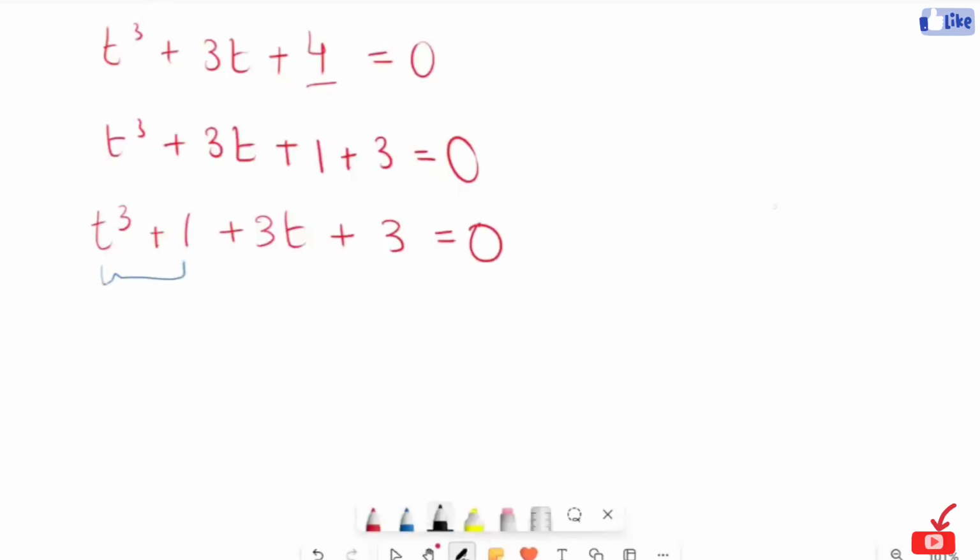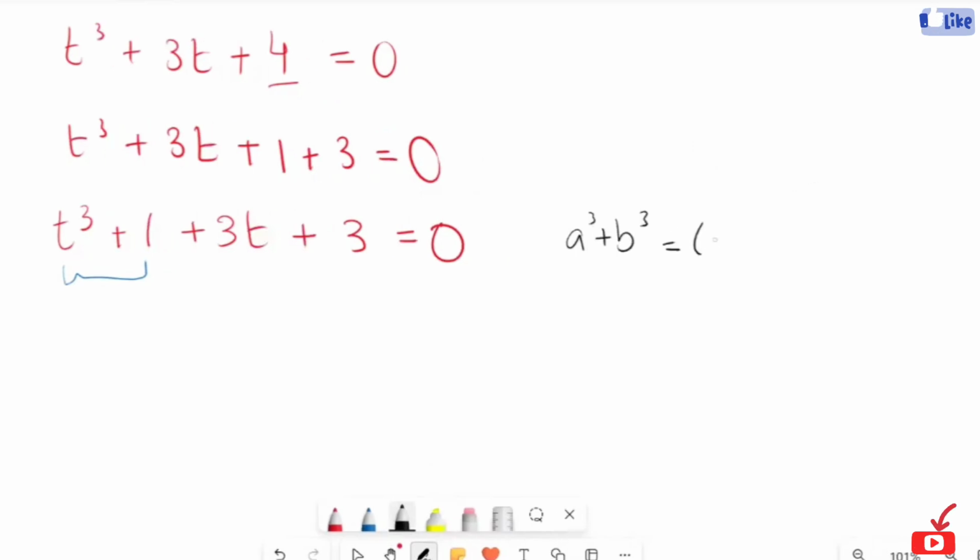So the formula we have is a³ + b³ = (a + b)(a² − ab + b²). So I am going to apply it here. This is a and this is b.